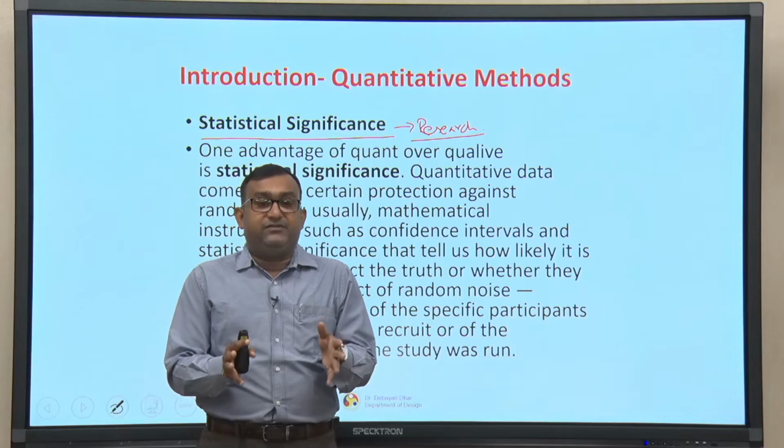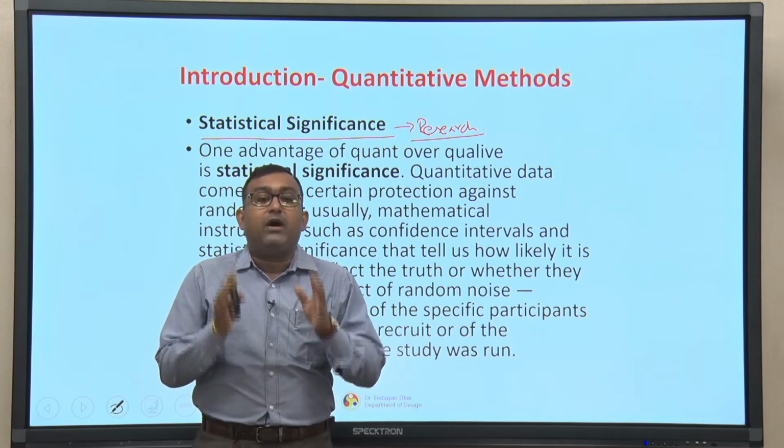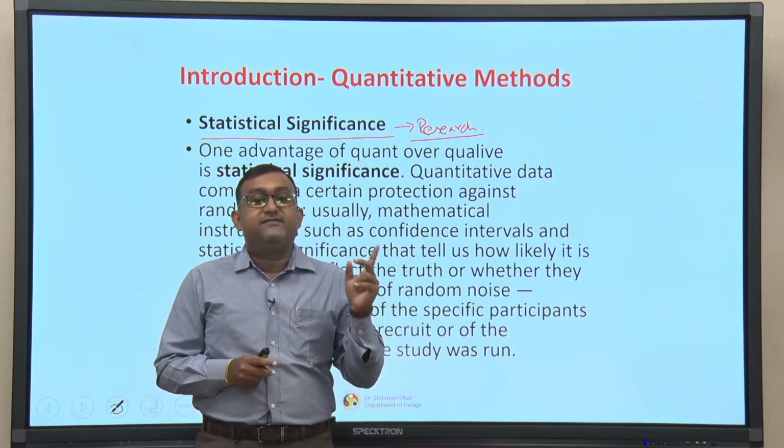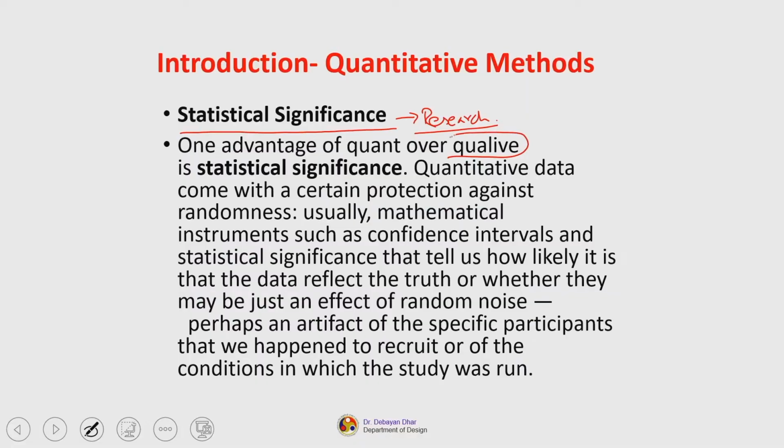Because one advantage of quantitative data over qualitative data is statistical significance. I think there is a typo on the slide. You should interpret this as qualitative, not as 'qualive'. That is not correct. Okay. So, one advantage of quantitative data over qualitative data is statistical significance.